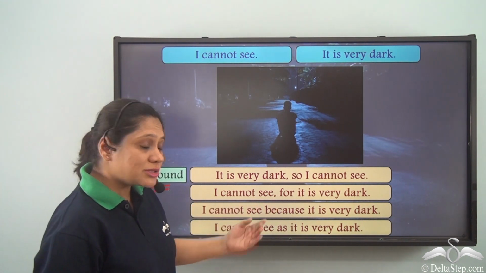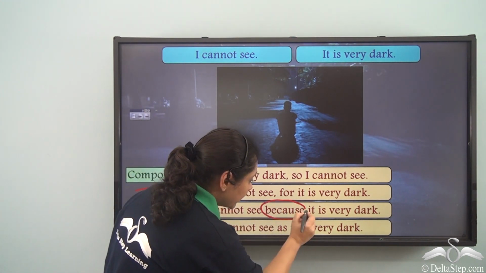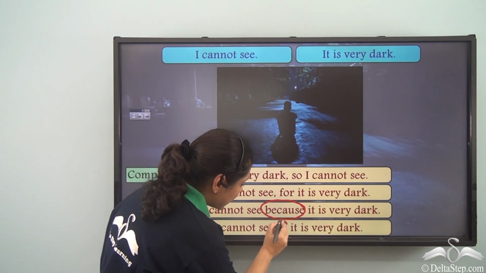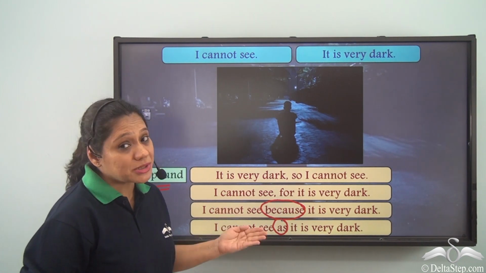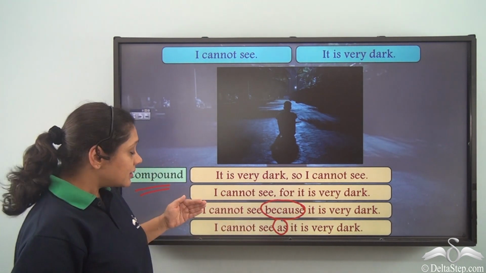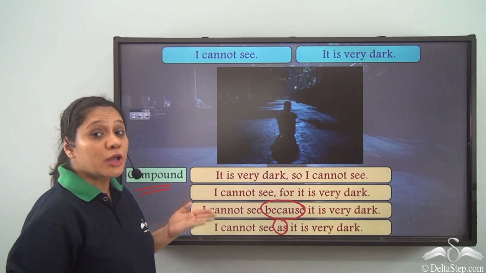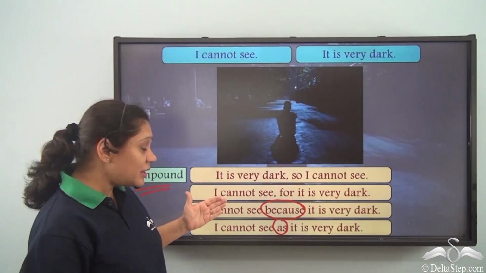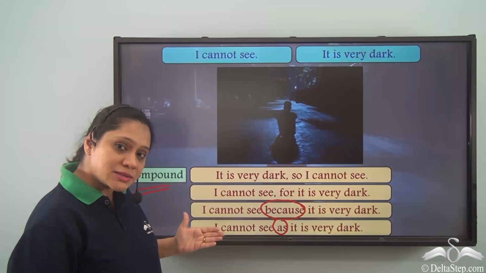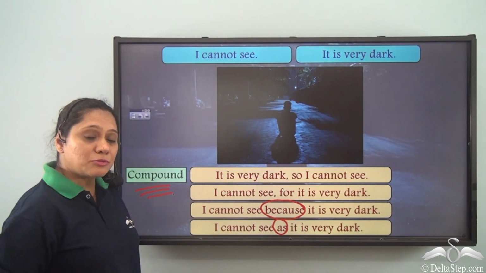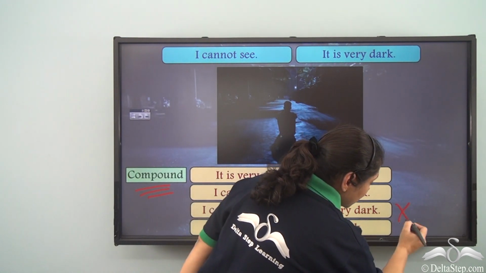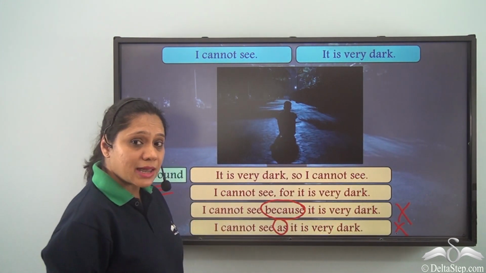So if you use the conjunction because or the conjunction as, you will remember that they are subordinating conjunctions. Hence, these two sentences become complex sentences. So even though this synthesis is correct, the answer will be wrong because we are trying to make compound sentences. So these are not correct in this case.